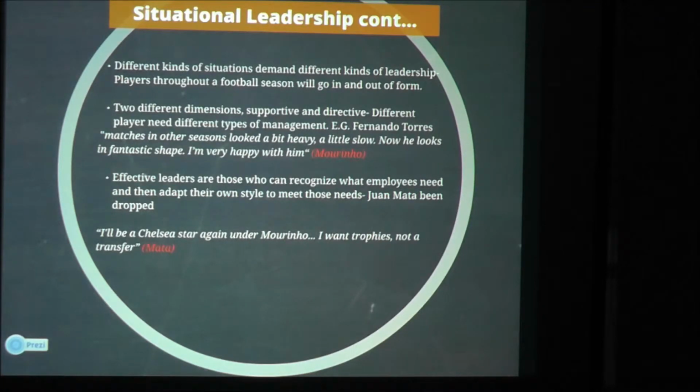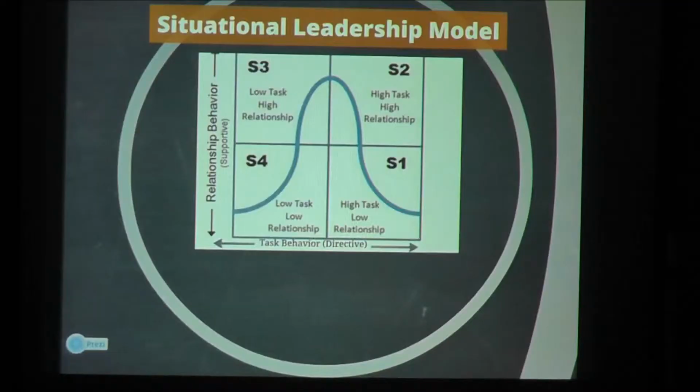When this happens, it is Jose Mourinho's job to make sure the players that are in top form stay there, and the ones that aren't get into top form. The way in which Jose achieves this is by using the two-dimensional situational theory, supportive and directive, also known as relationship and task.